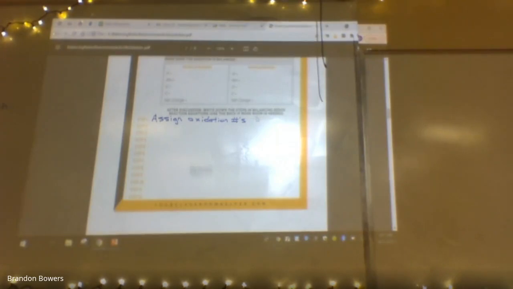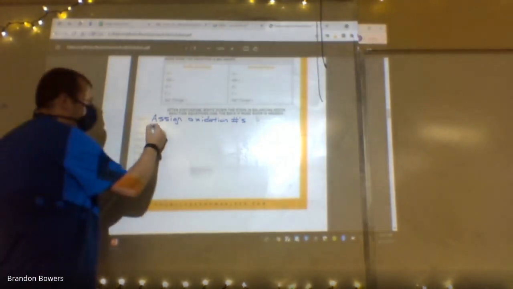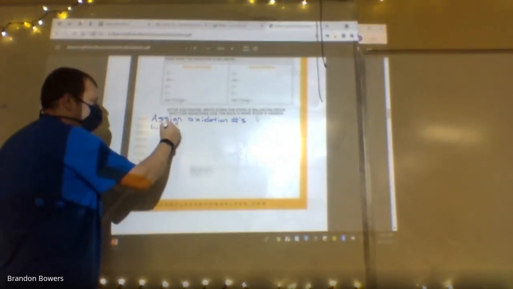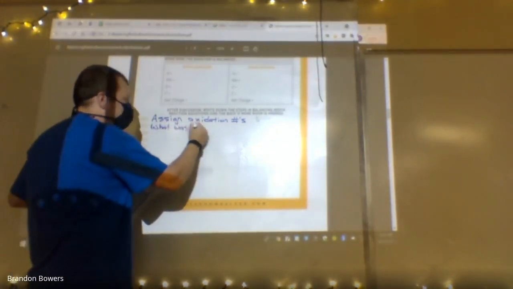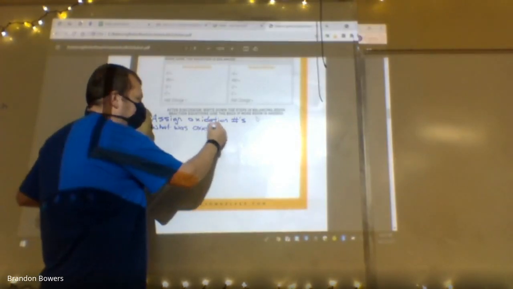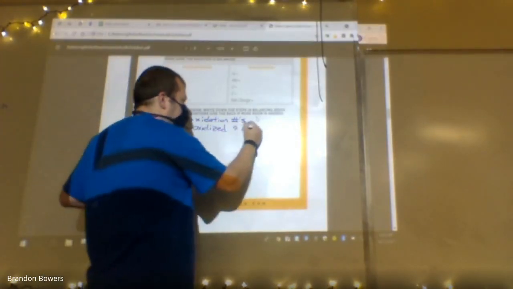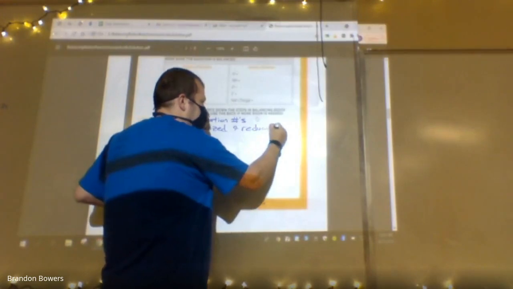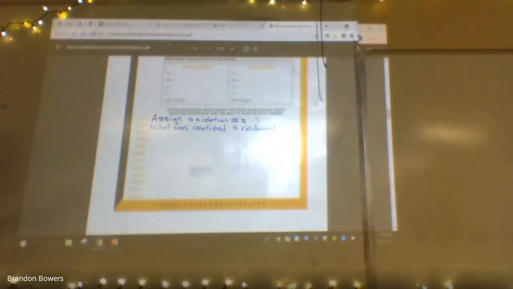What happened in step 2? You analyze what was oxidized and what was reduced. Number 3, what happened in number 3?